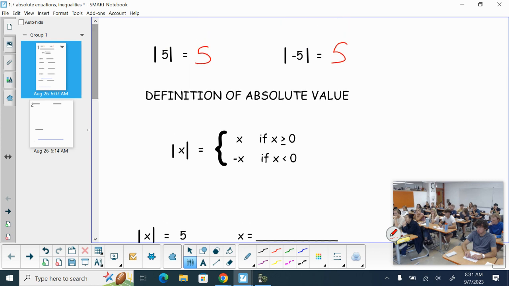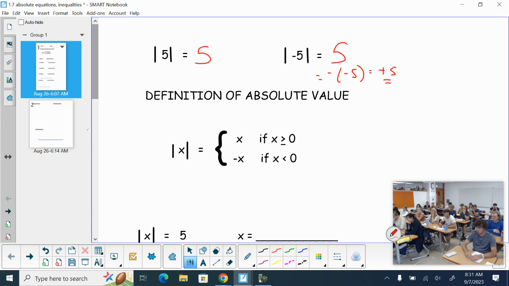So if I take a look, here I have the value of negative 5. It is less than 0. So by definition, this tells me to take the opposite of negative 5, which takes us back to our positive 5.